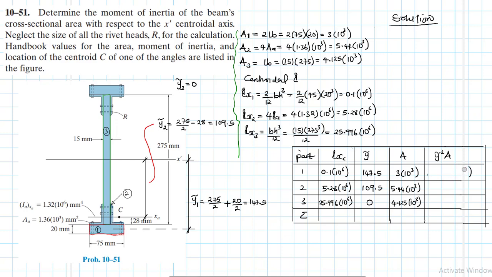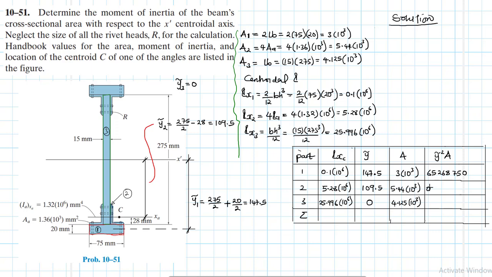So this one is 65,268,750. Next one, 109.5 squared times 5.44 times 1000.